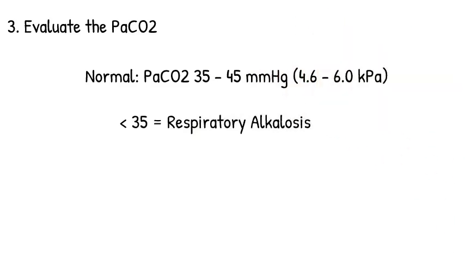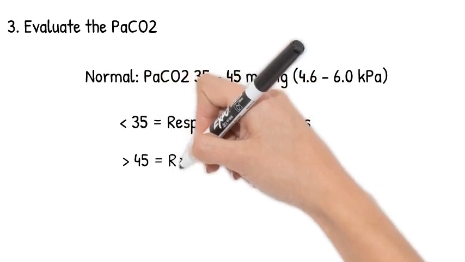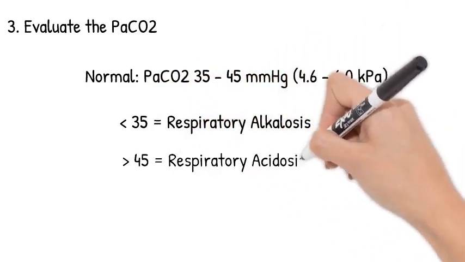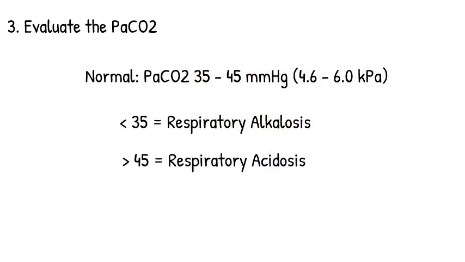So again, without interpreting anything else, you are literally just going to look at your PaCO2 and write down whether there is a respiratory alkalosis or acidosis. Does not matter what the pH is saying. We'll look at the compensation later. You are purely going to look at the PaCO2 and write this down.